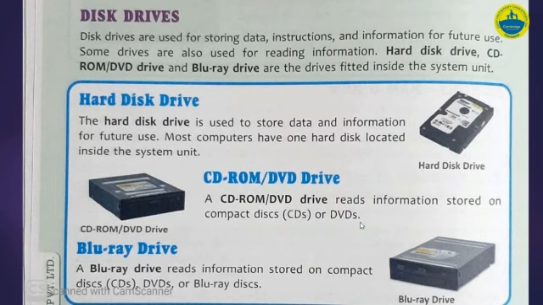Similarly, the Blu-ray drive also reads information stored on discs like CD, DVD, or Blu-ray discs. These are all fitted on the system unit, and the hard disk is placed inside your system unit. So this is all about the components of the system unit.